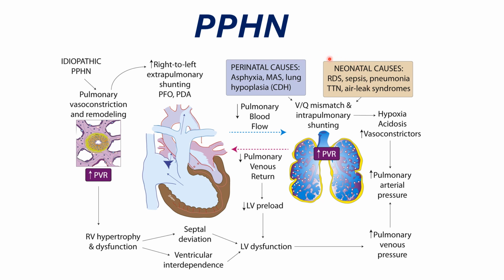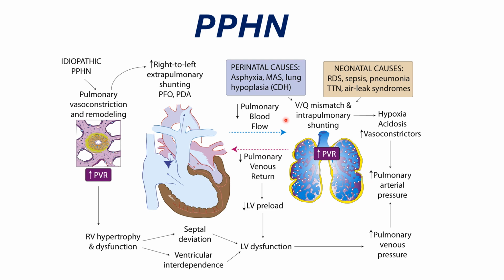So these will cause a VQ mismatch and intrapulmonary shunting, followed by hypoxia, acidosis, and an increase in vasoconstriction, which will again cause increased pulmonary arterial pressure.